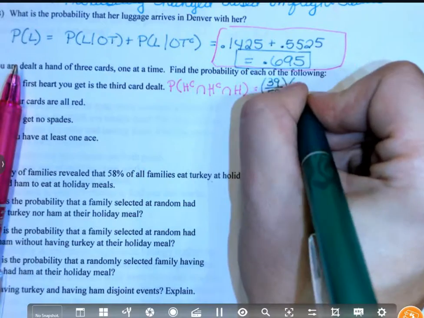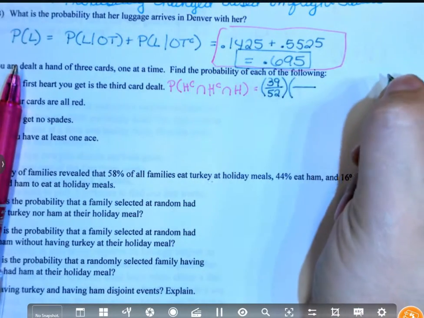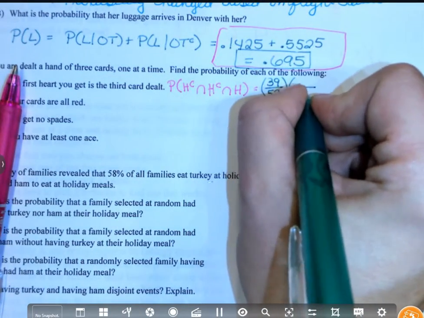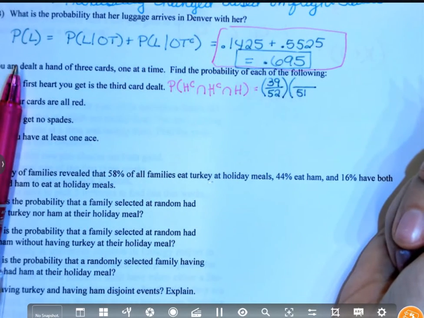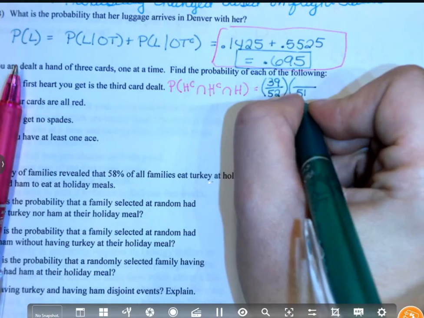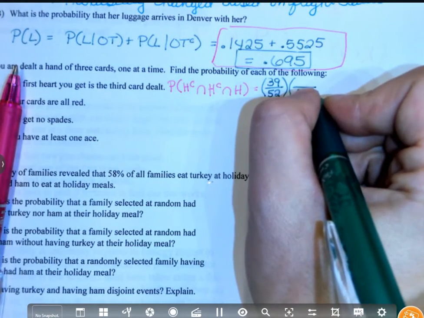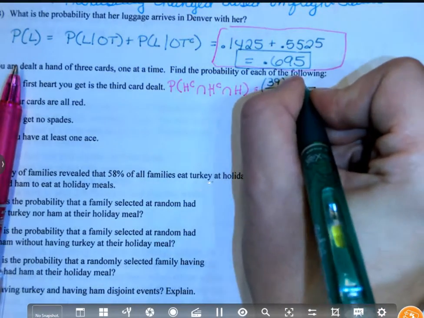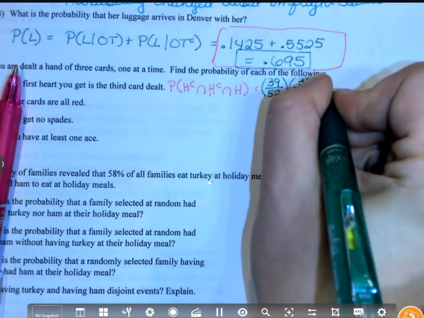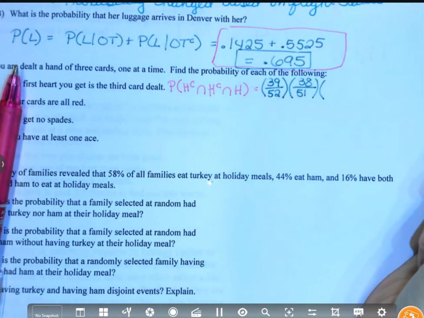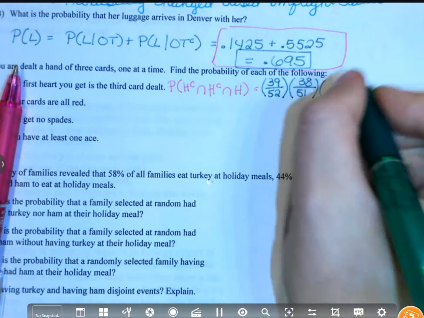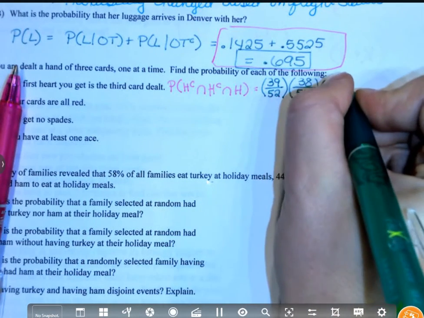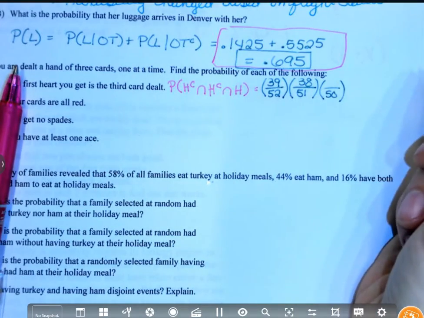Now, one card is out. How many cards are left in the deck? 51. How many of those cards in the deck are now not hearts? 38. Now, how many cards are left? 50. How many of those cards are hearts?